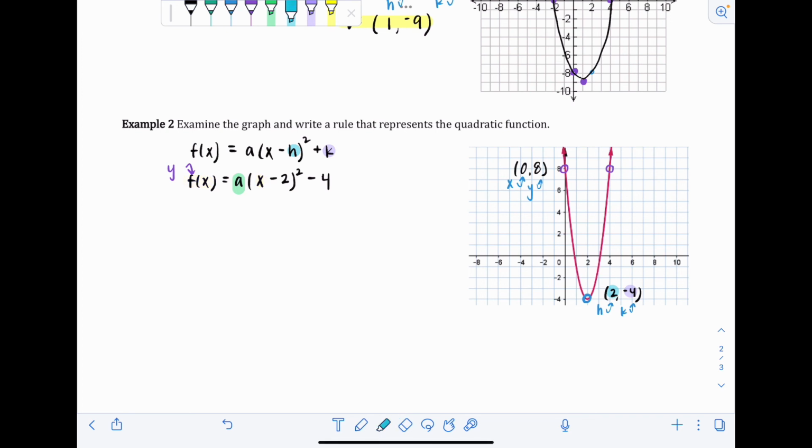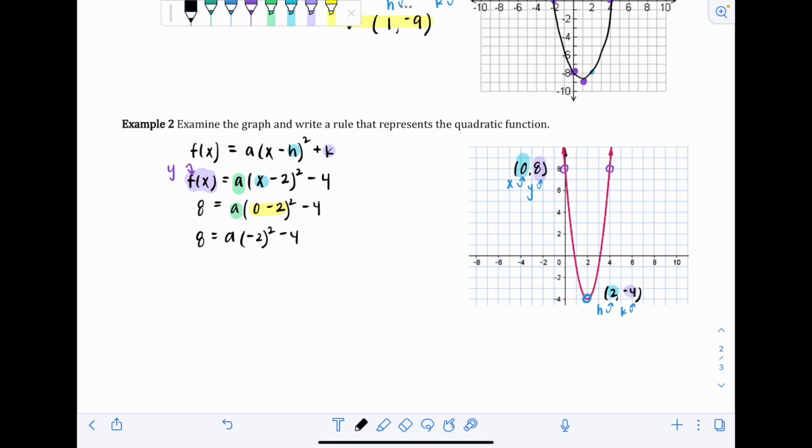So we'll put 0 in for x, and then we'll put 8 in where f of x is. So it's going to be 8 equals a, which is what we're solving for, so that stays as is, and then 0 goes in for x, minus 2 squared, minus 4. Now a is our only unknown, so we can solve for it. We'll simplify the inside of the parentheses, so it'll be 8 equals a, and then 0 minus 2 is negative 2, squared, minus 4.